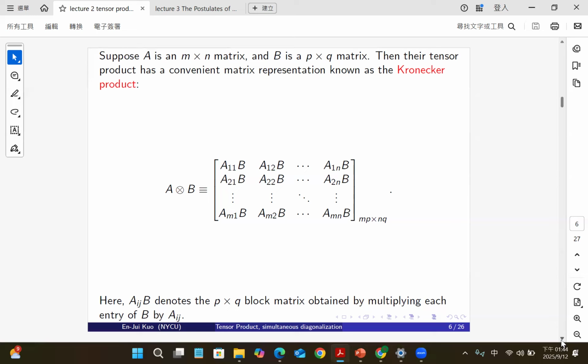So I should view A tensor B as a linear transformation from dimension N times Q to dimension M times P. So if I write A tensor B as a matrix, it should be dimension MP times NQ.